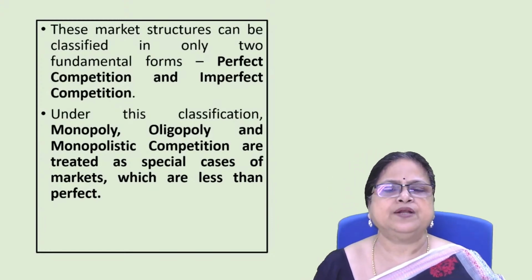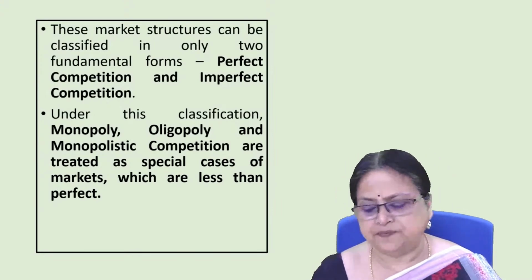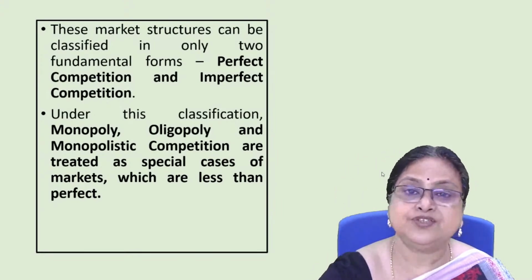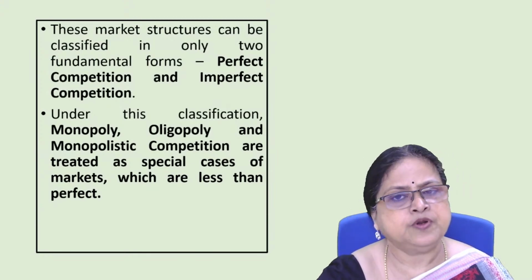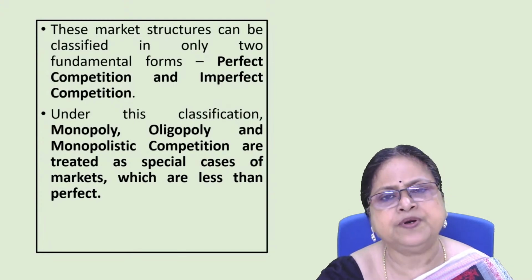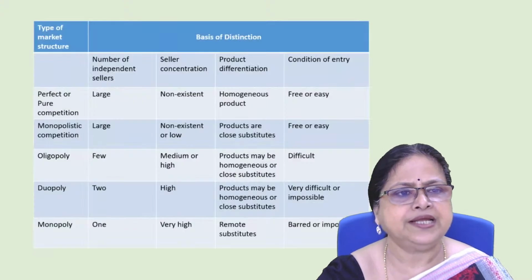In the imperfect market, we have monopoly, oligopoly and monopolistic competition. Monopoly is practically possible, but perfect or pure competition is only theoretically possible.